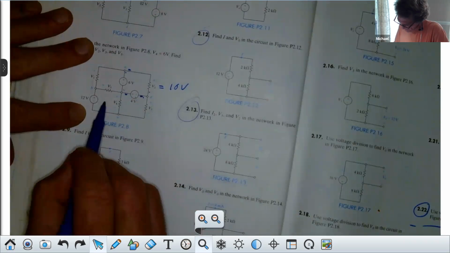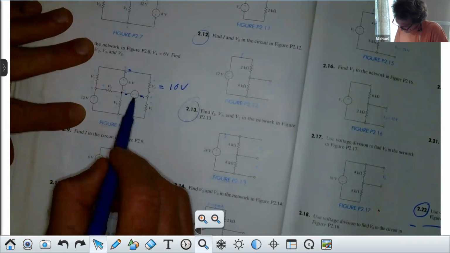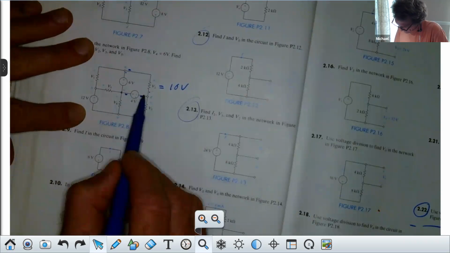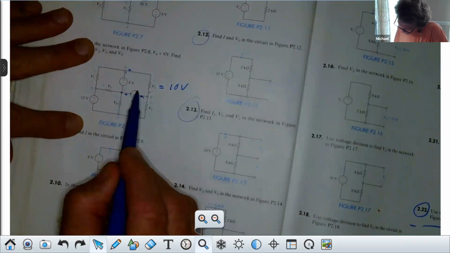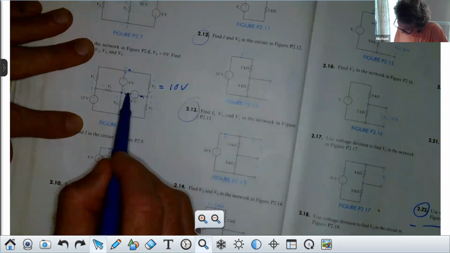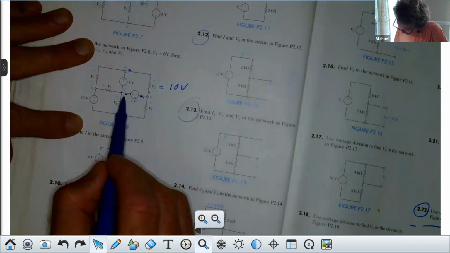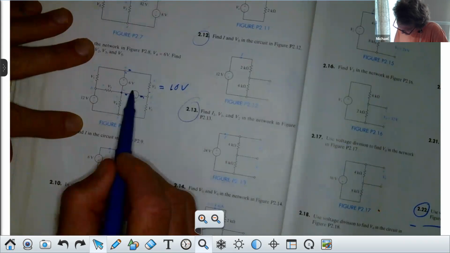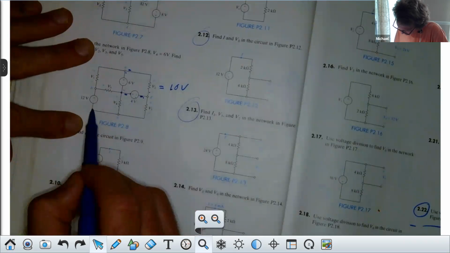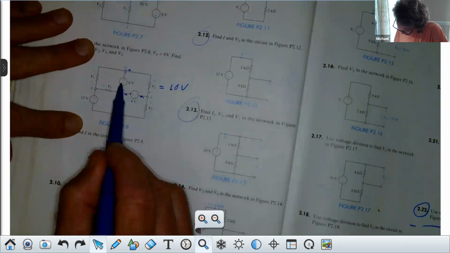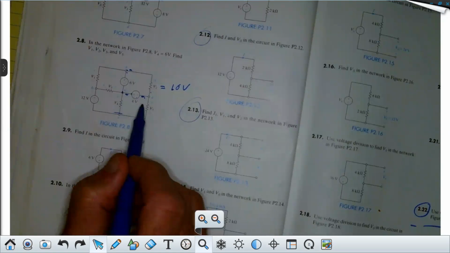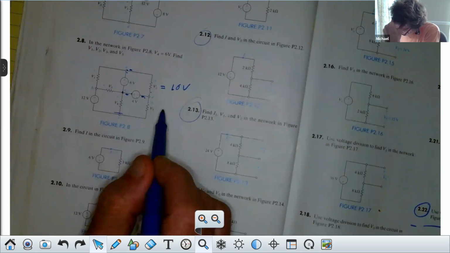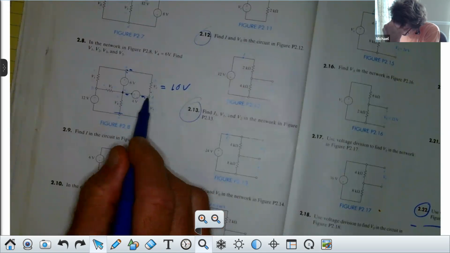If I start at this point right here, I know that's 10 volts. Now I can do a couple of things. I'm looking for the quickest way to do this.